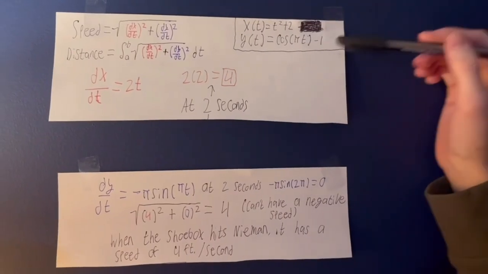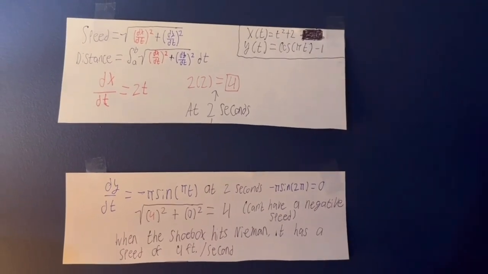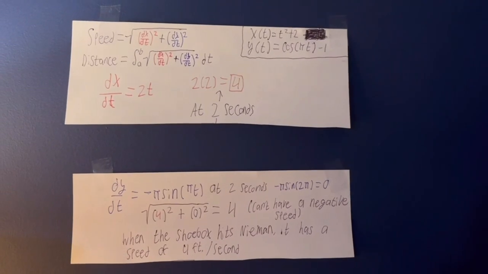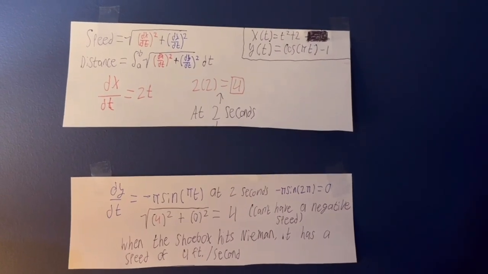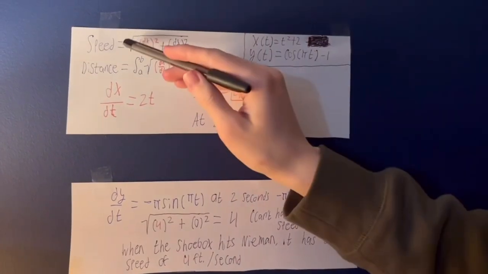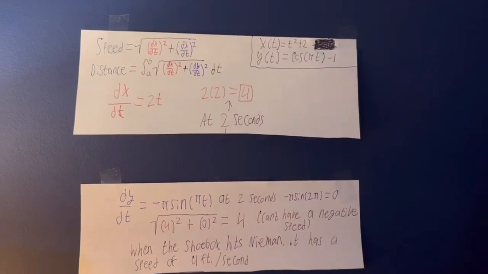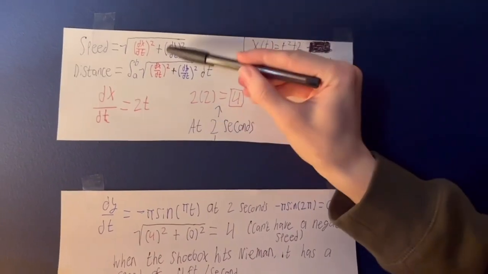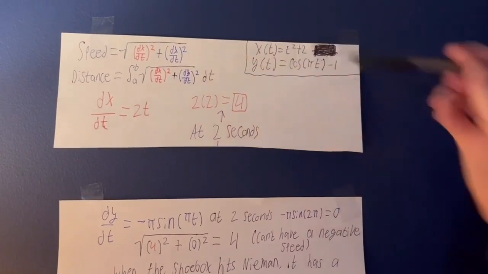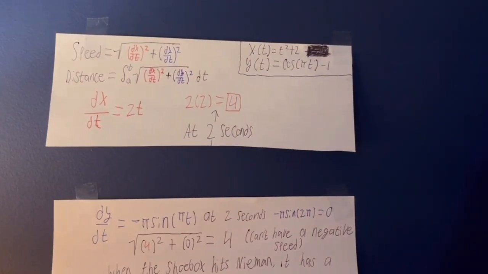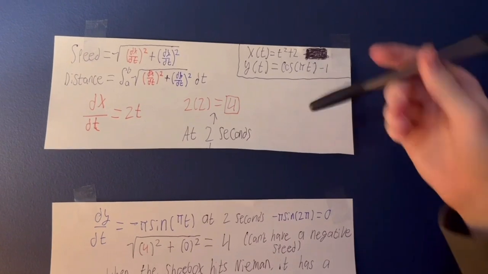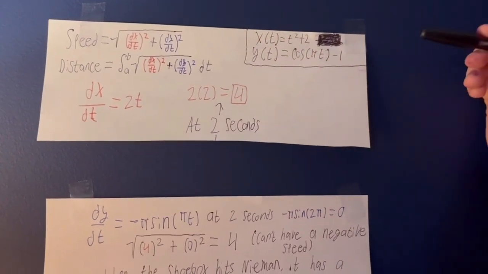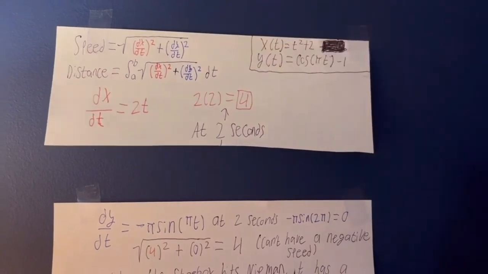Now that we know when the points touch, we can find the speed and the distance, and we're only going to do this for the shoebox. The formula for speed of a parametric equation is the square root of dx over dt squared plus dy over dt squared. dx over dt simply represents the change in x over t, which in our case is time, and same with dy.